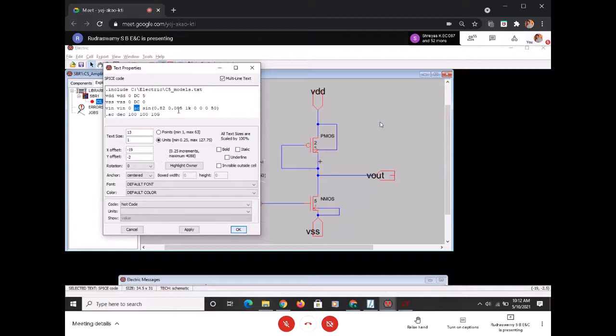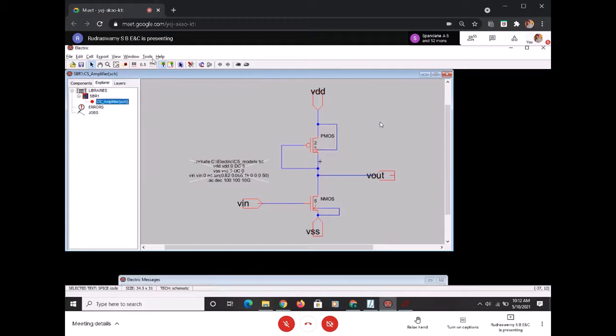And the AC analysis, dot AC, and this frequency, which is the x-axis, varies in terms of decade. So it's a decade frequency axis. The initial frequency is 100 hertz. It varies with respect to 100, the steps, and this is till 10 giga. So this is what we save.